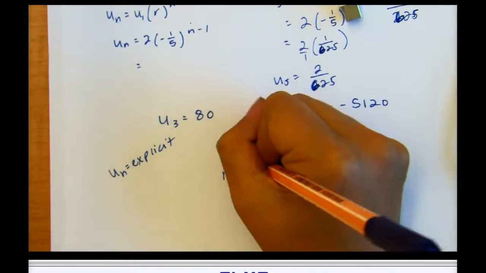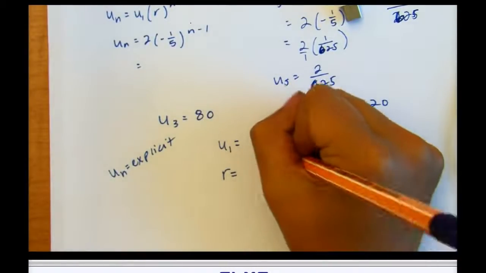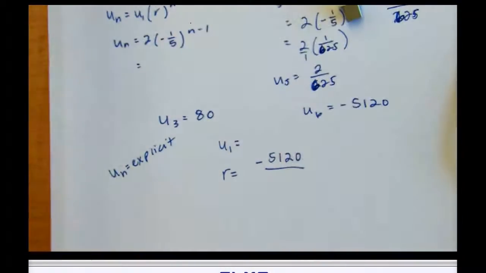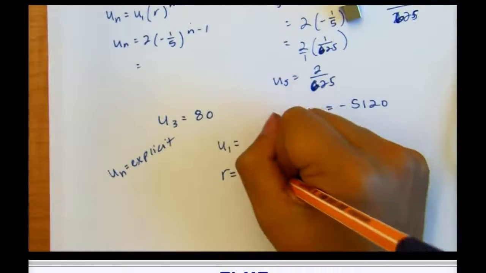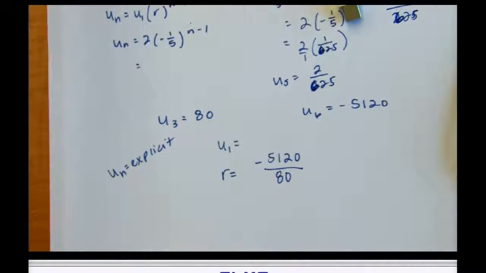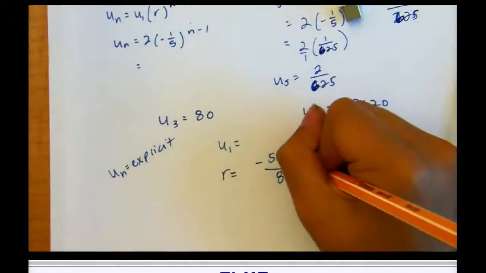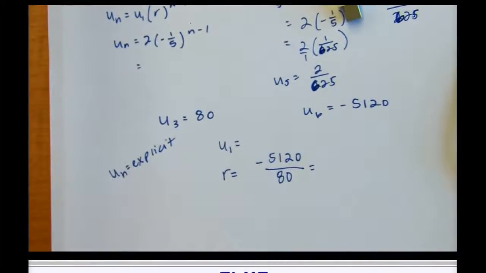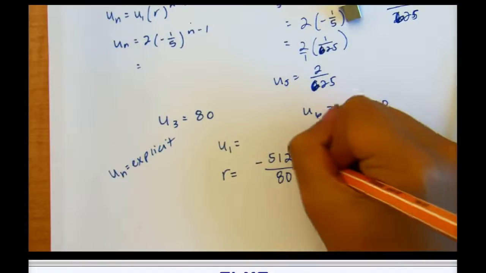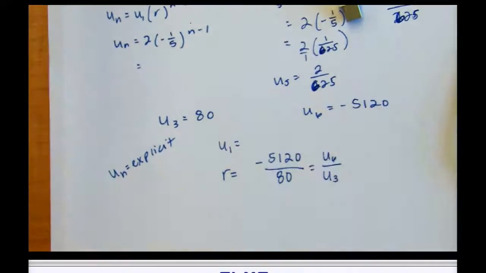So I'm going to take negative 5,120 and divide that by 80. However, I have to account for the fact that these terms are not consecutive. So I'm going to, and this might be a little bit confusing, so watch this over if you are confused. I'm going to consider this to be u sub 6 divided by u sub 3.